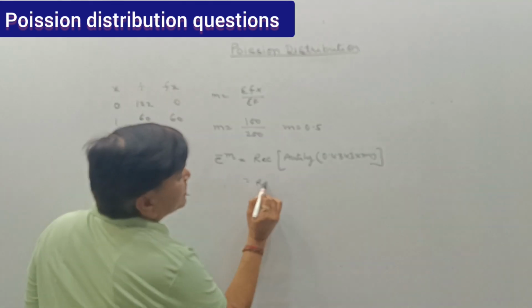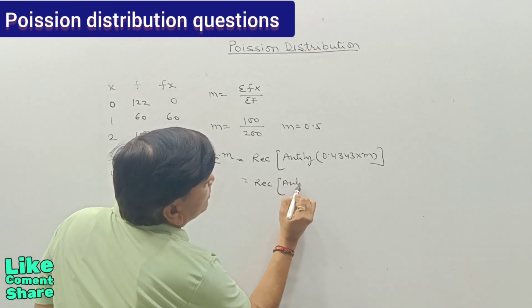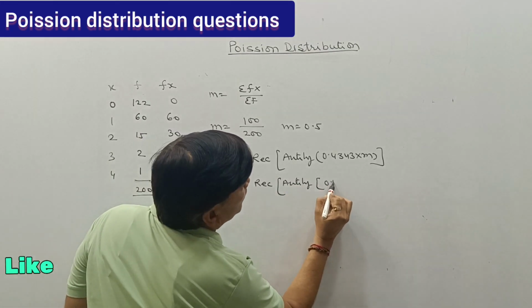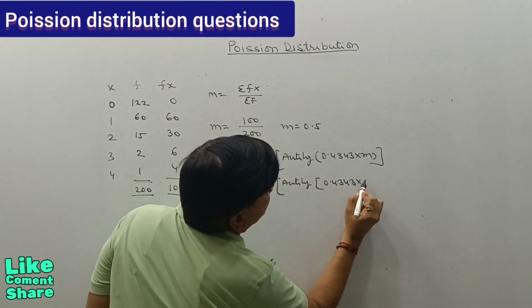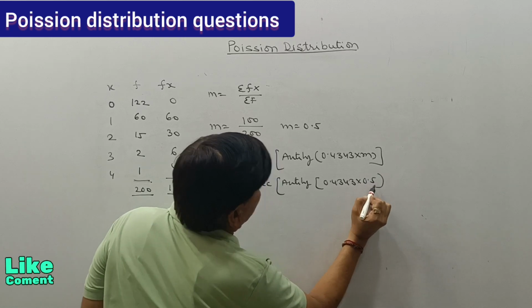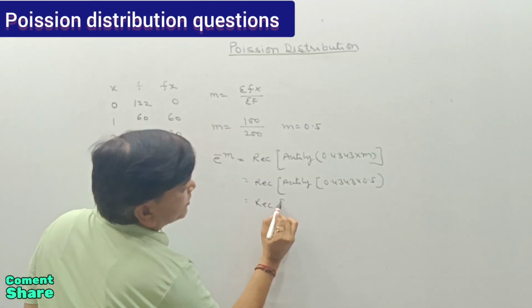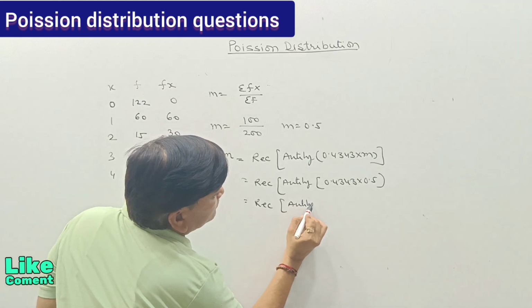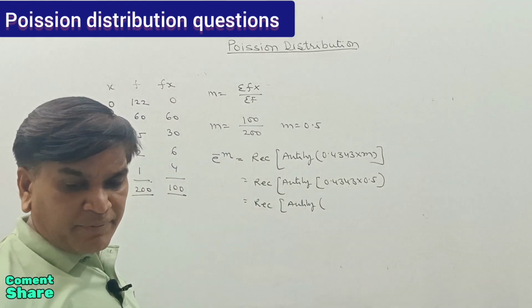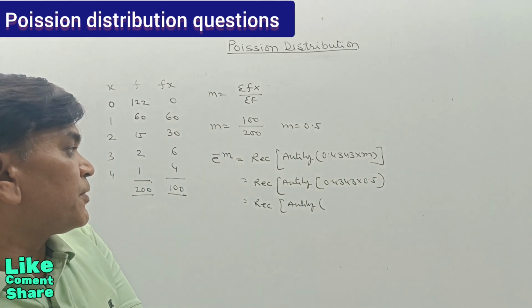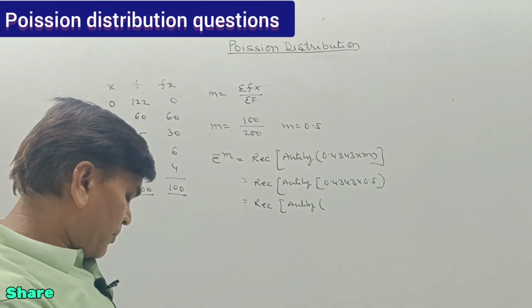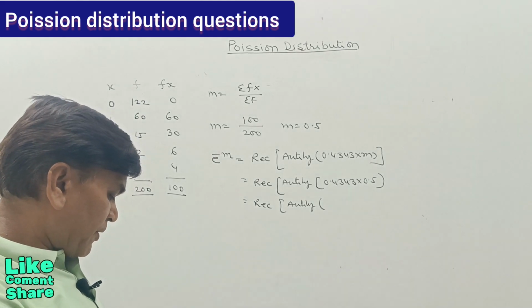For getting this, we take the reciprocal antilog of 0.4343 multiplied by 0.5, since the m value is 0.5.